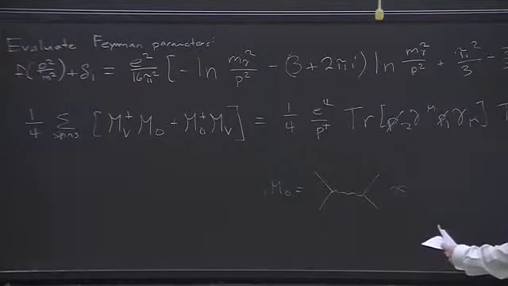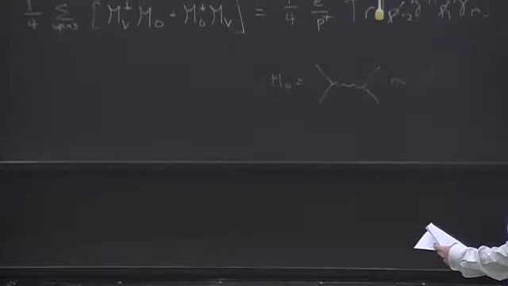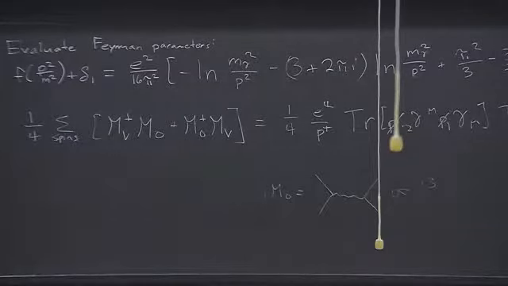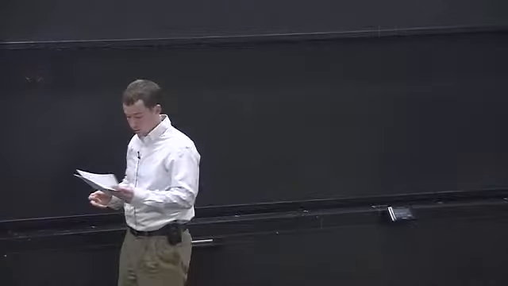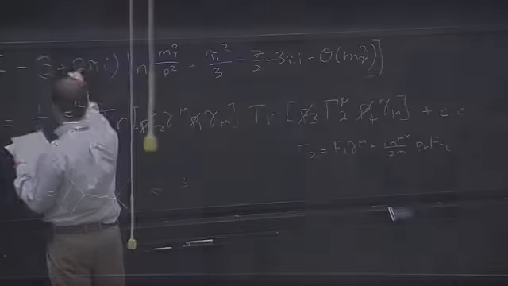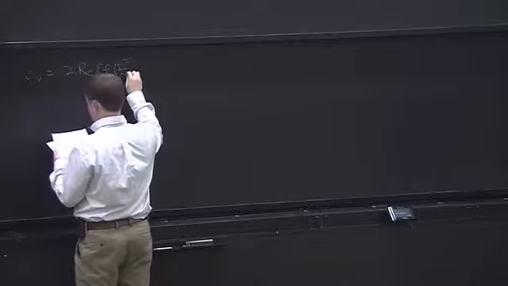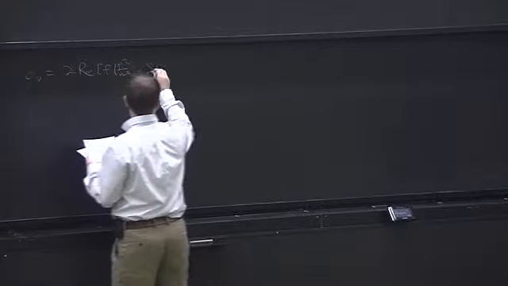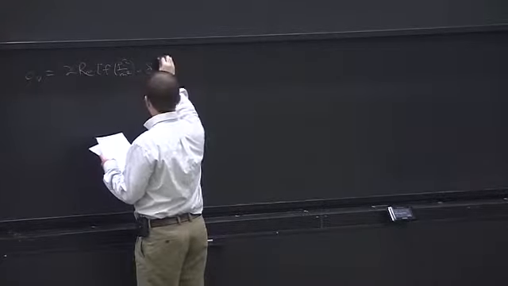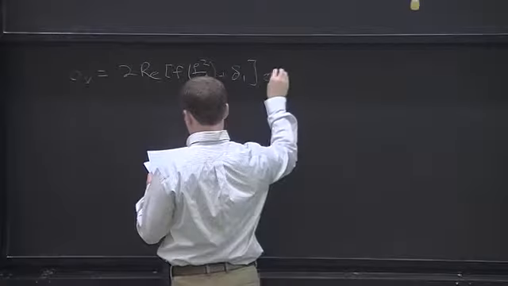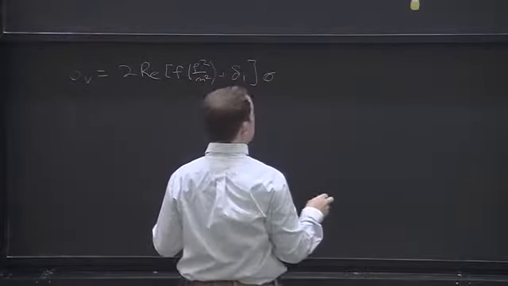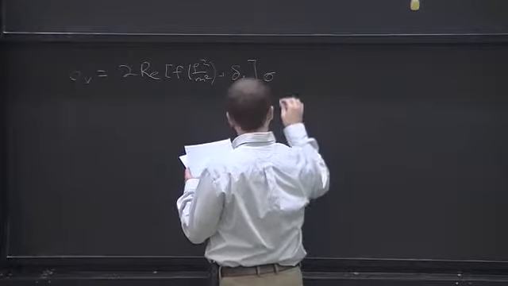And so that tells us that sigma v, which is what I'll call this correction that we calculated to the cross section, it's twice the real part of f p squared over m squared plus delta 1 times sigma naught.